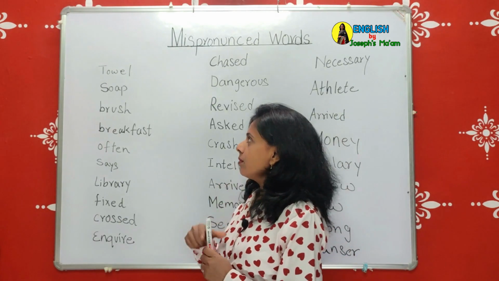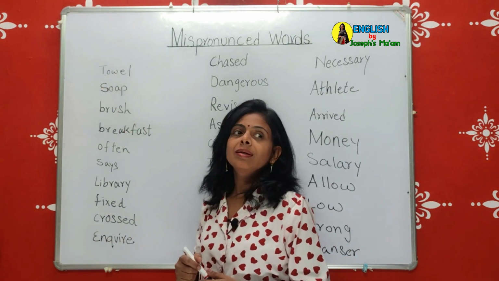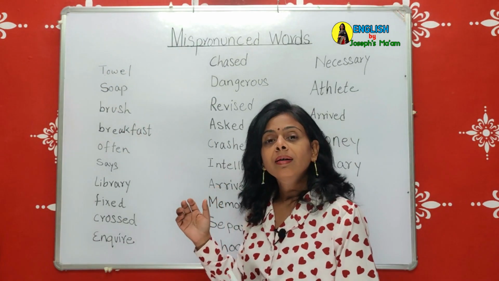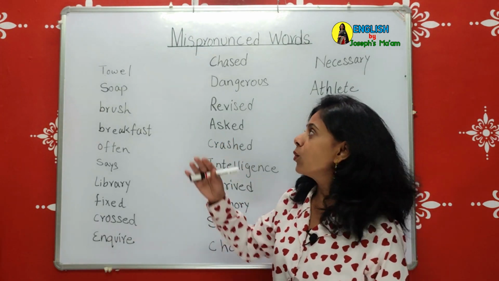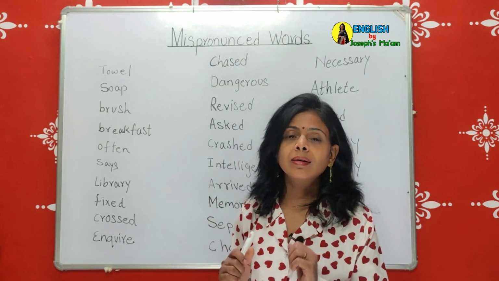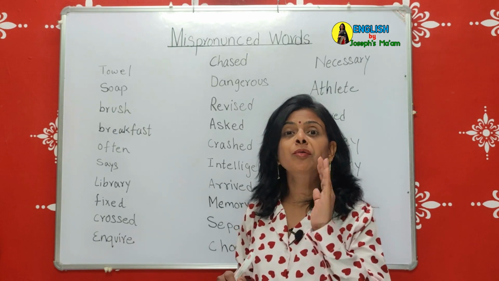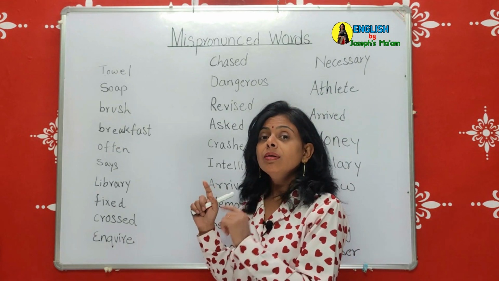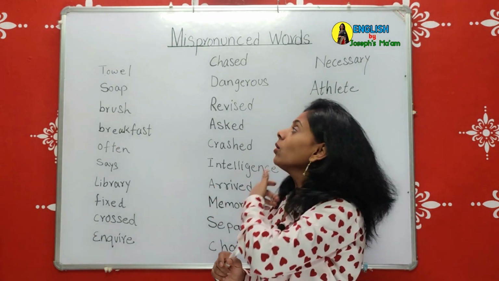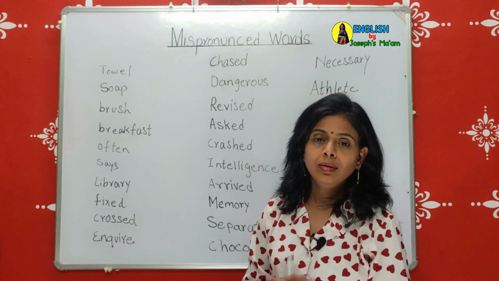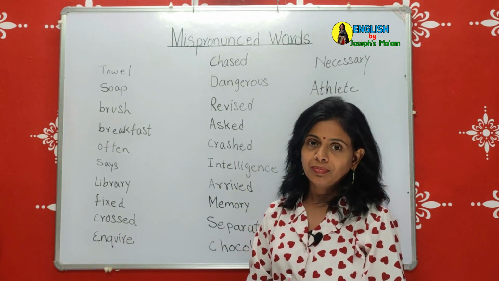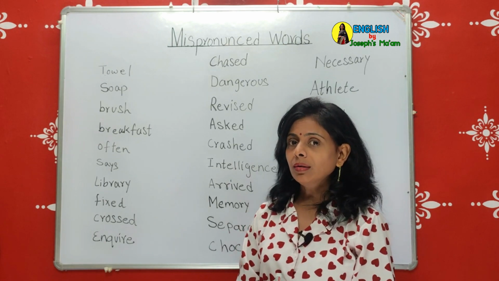Here, the O is silent. So please repeat after me so that you may not say the wrong word. The word is towel. I hope I am getting you clear.